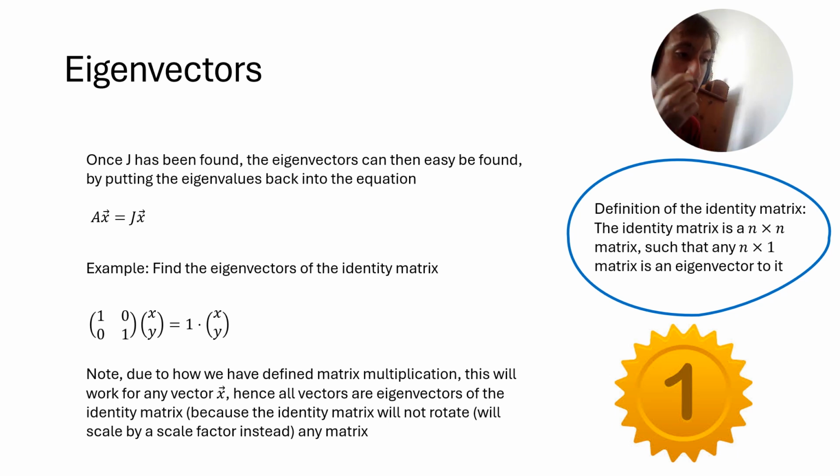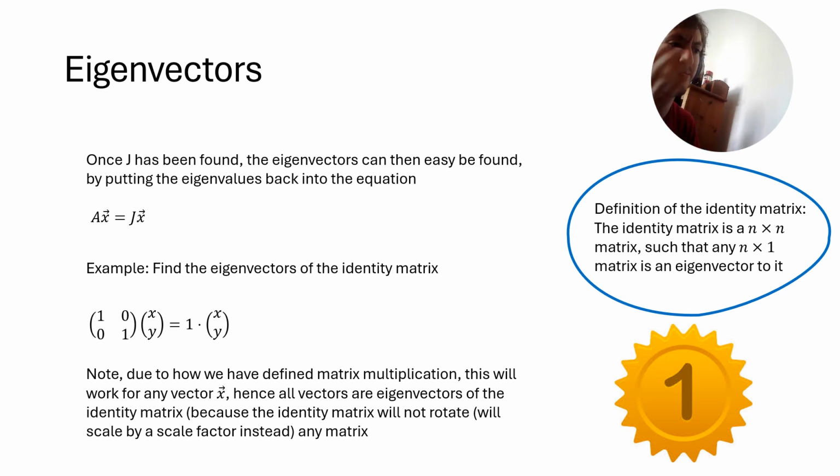So we've said essentially any vector with two components, so a 2x1 matrix, will be an eigenvector of our 2x2 identity matrix, but we can generalize this to a vector with n components, so not necessarily 2, and we can say that the identity matrix is an n by n matrix such that any n by 1 matrix, i.e. a vector with n components, is going to be an eigenvector of the identity matrix.